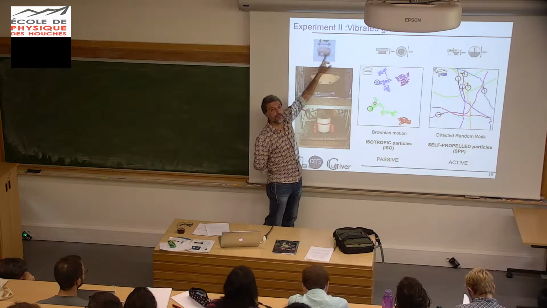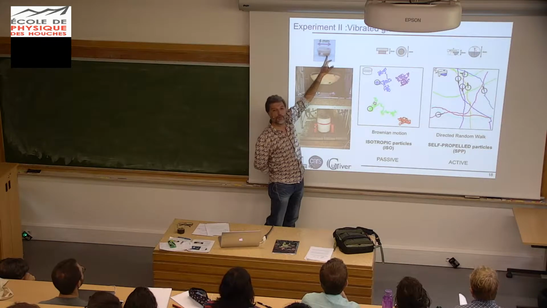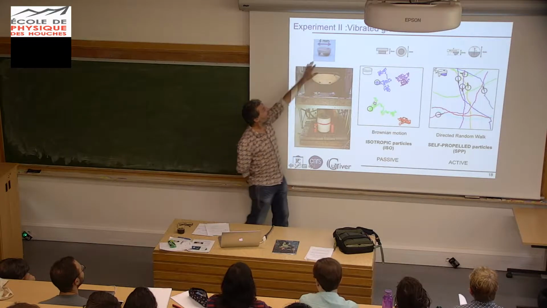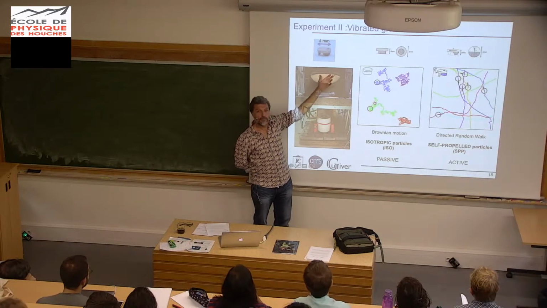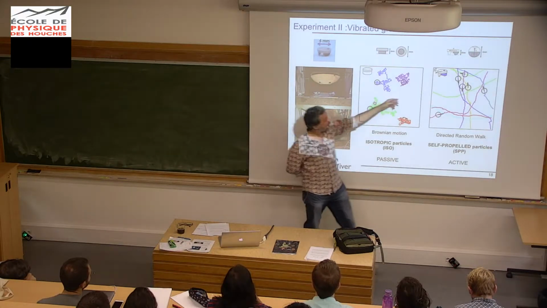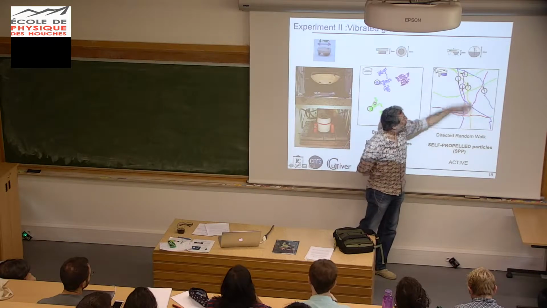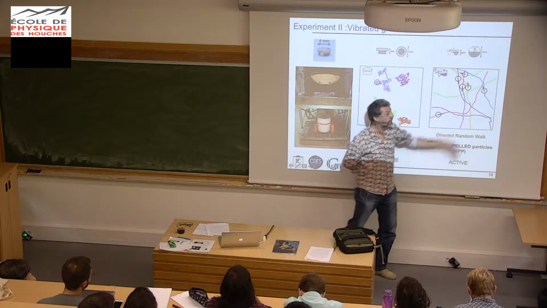This one is just a point contact. This one is a large contact with the ground. If you shake these objects, they will move in an anisotropic way, and even in a polar way. So they produce trajectories like this, with some persistence lengths.